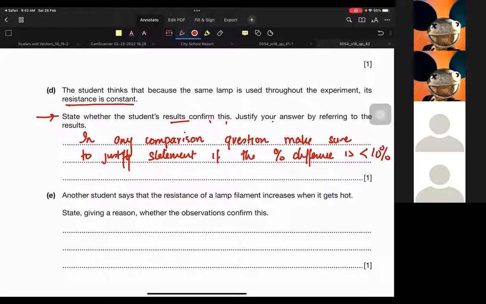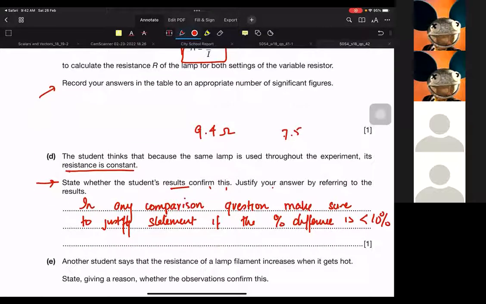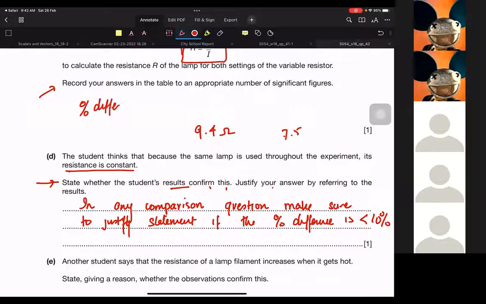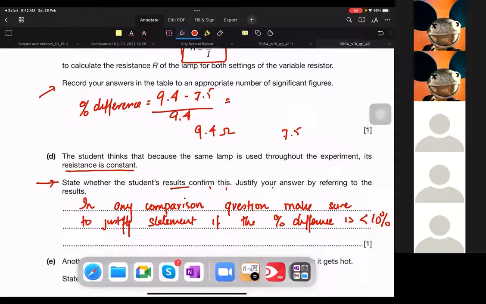For example, one of our values is 9.4, right? The other value is 7.5. So without doing anything else, you can use this formula. I think you've already done it in math as well. So percentage difference is maximum minus minimum divided by maximum. This is a formula just to calculate the percentage difference.